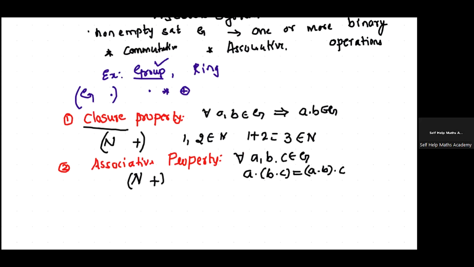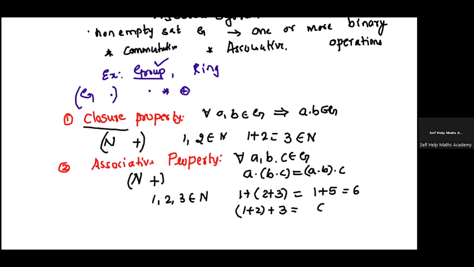For example, for the natural number set under addition, take 1, 2, 3 belonging to N. Adding (1 plus 2) plus 3 gives 3 plus 3, which is 6. On the other hand, 1 plus (2 plus 3) is 1 plus 5, which is also 6.